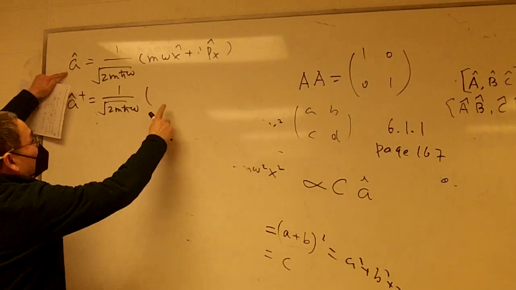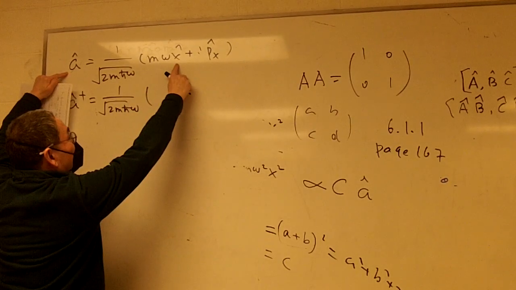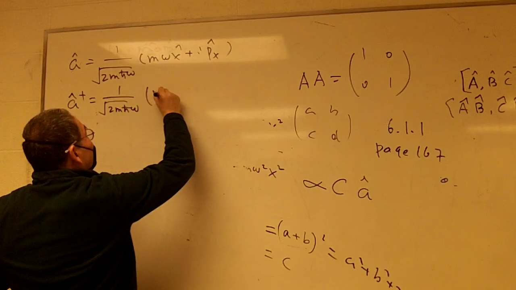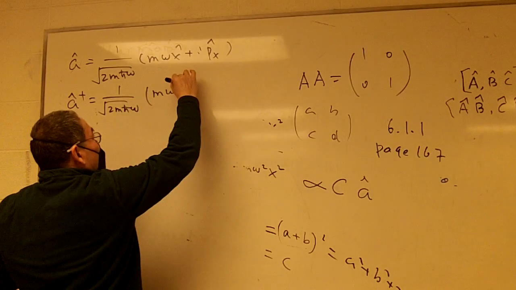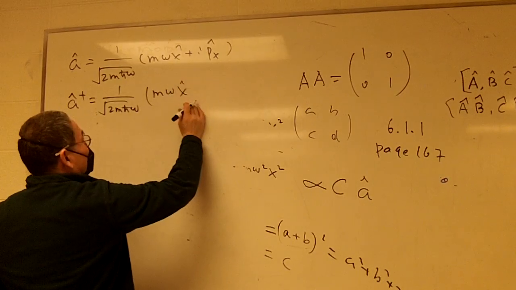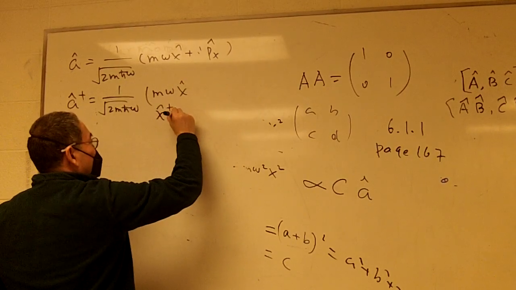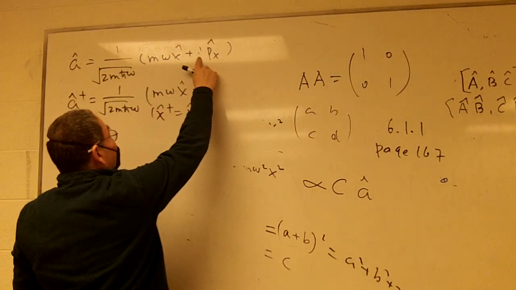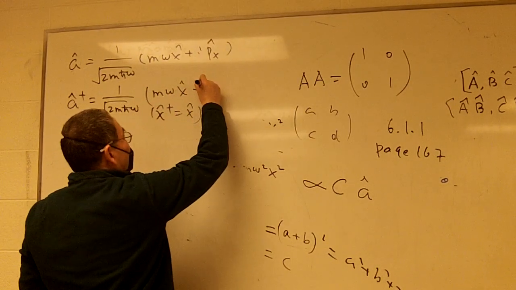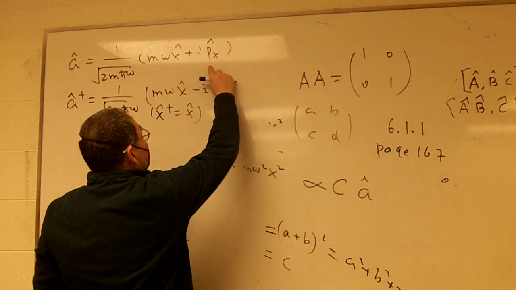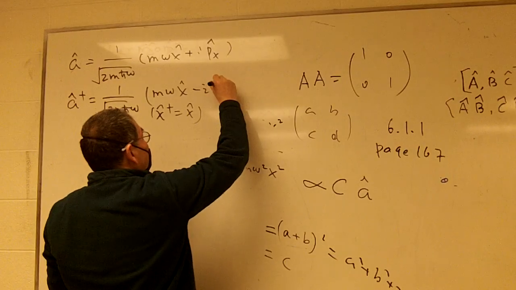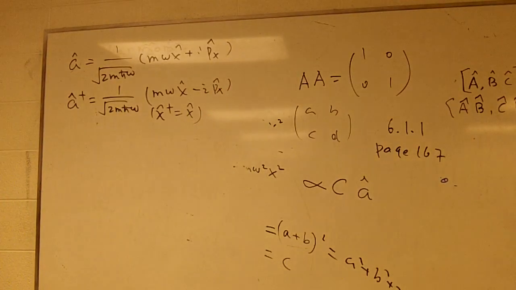Because x is a Hermitian operator, it doesn't change anything, so x dagger equals x. But the i does change, from positive i to negative i. And p_x hat, again a Hermitian operator, doesn't change.